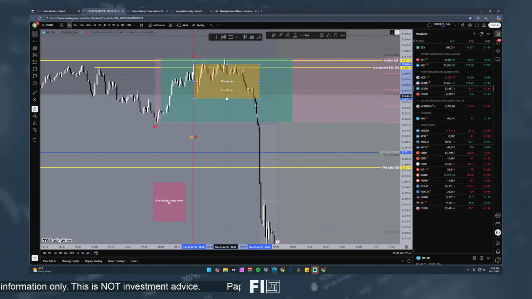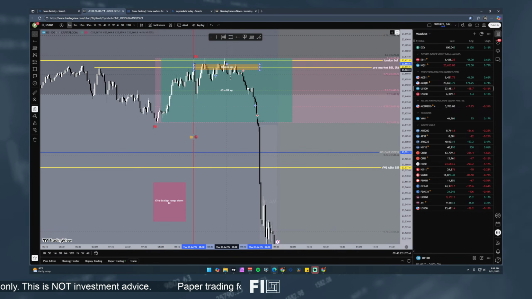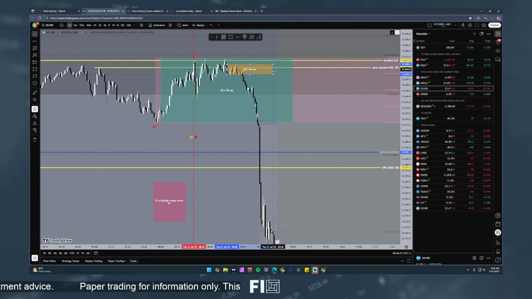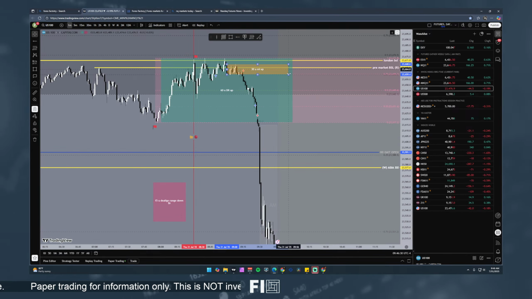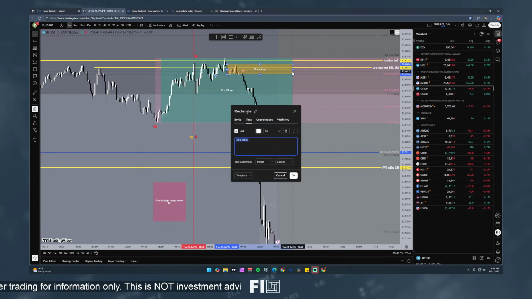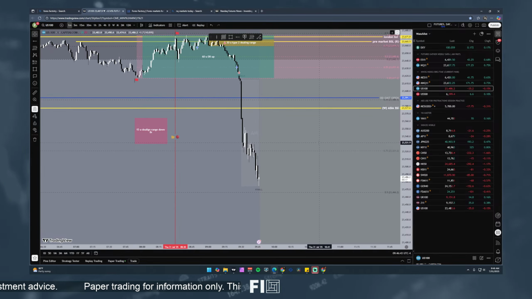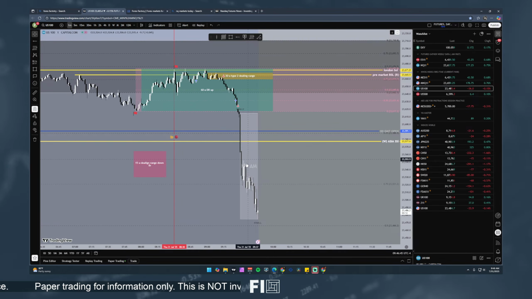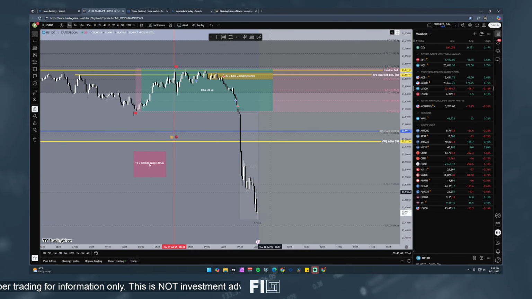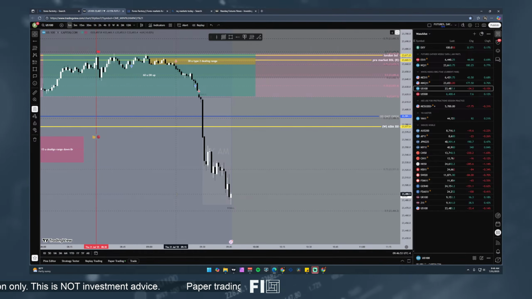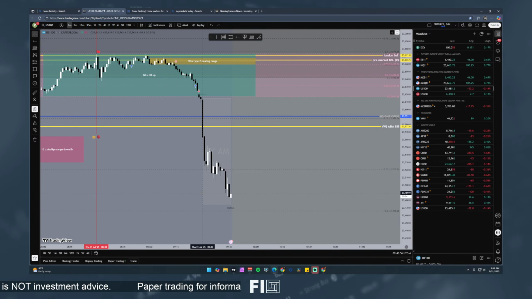It's a type 2. Type 2 dealing range. So you see that those keep expanding down lower. And it's 9:46 now, so we have the 9:15. This.